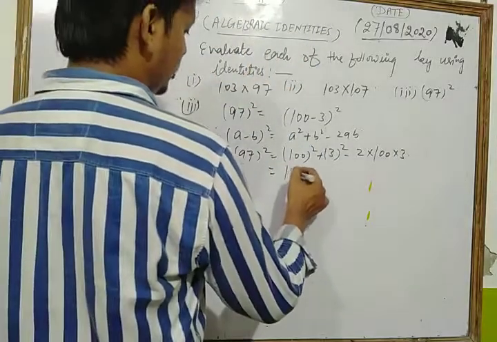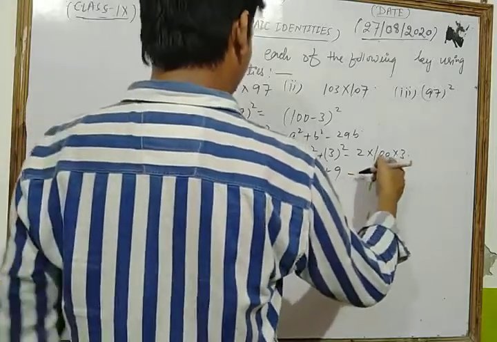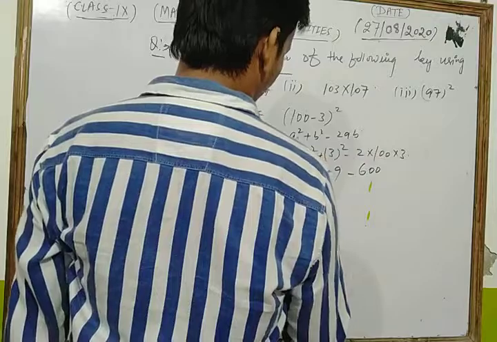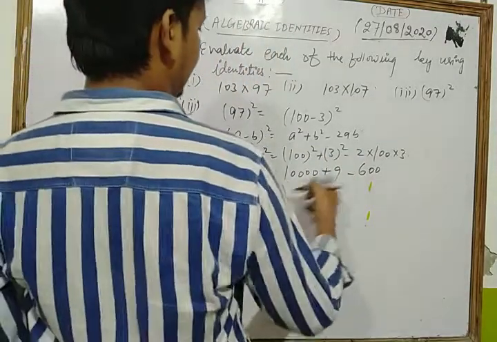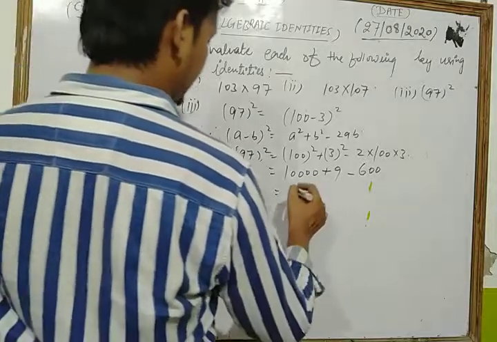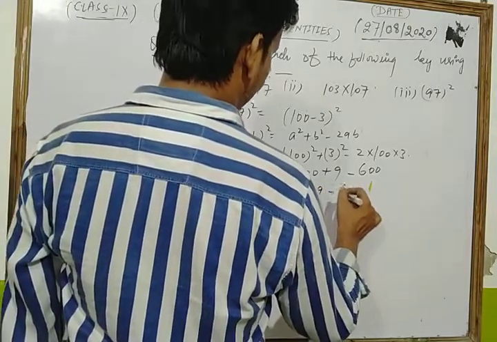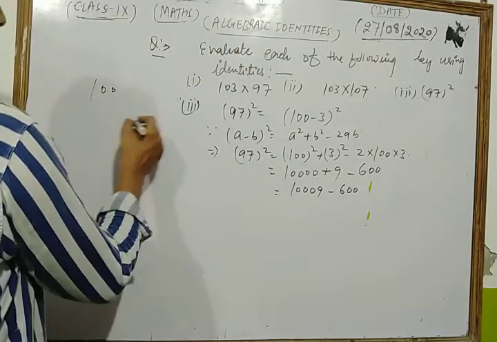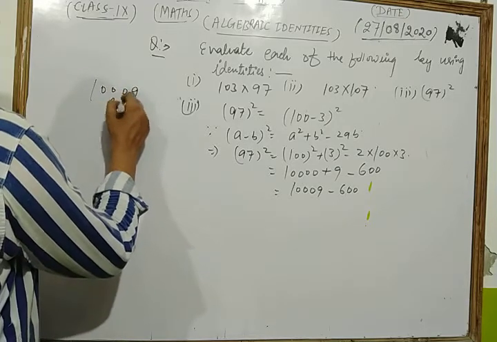We have 10,000 plus 9 minus 6 into 100, which is 600. Now we add, which gives 10,009, and subtract 600.